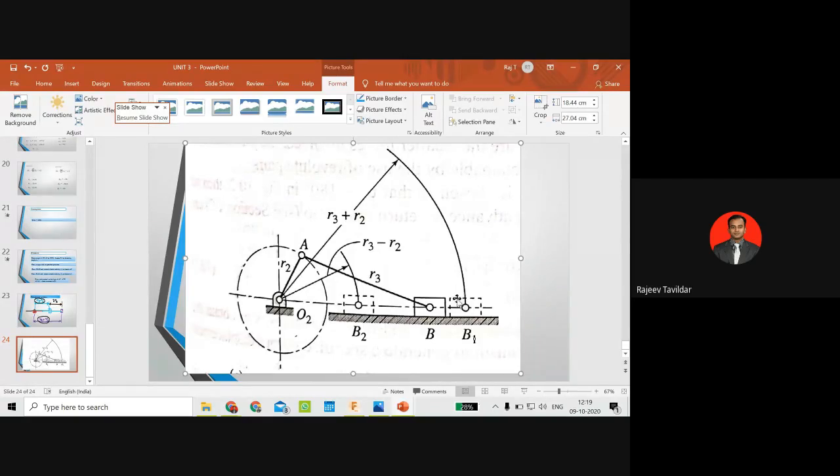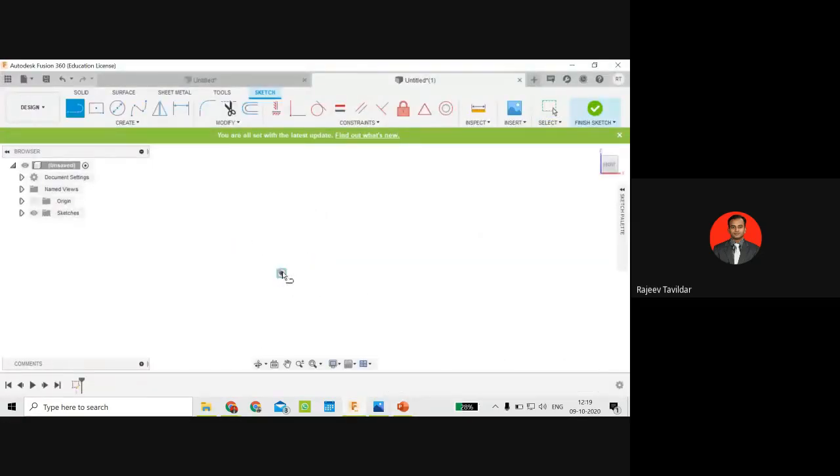I'm going to take one random location of, say, B1 or B2, whichever you want, you can choose. Let me take it as B1. I'll take a random position for B1. I'll draw a horizontal line only, 50 mm.